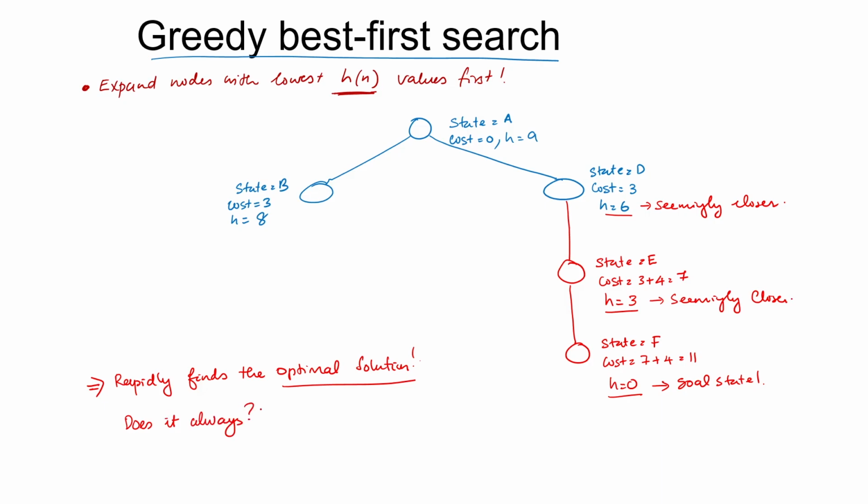In this case it found the optimal solution, but does it always find the optimal solution? This is a very good test case for us.